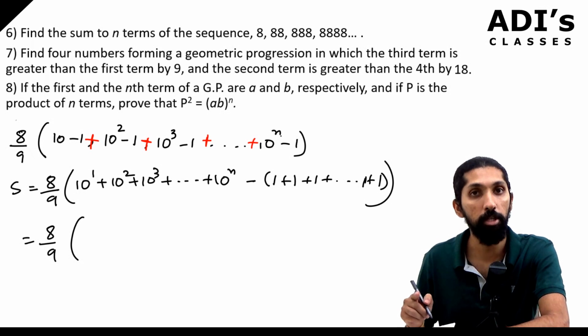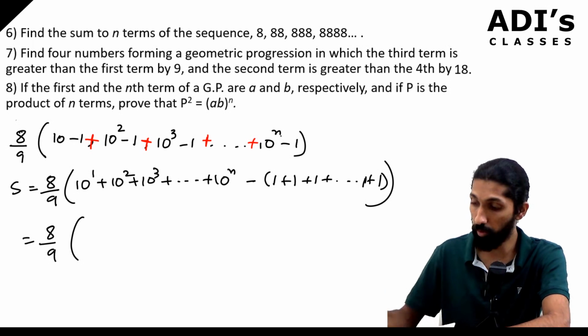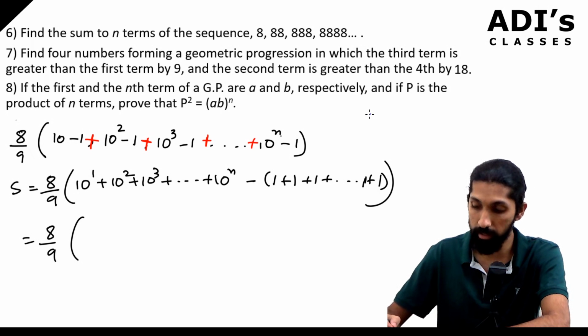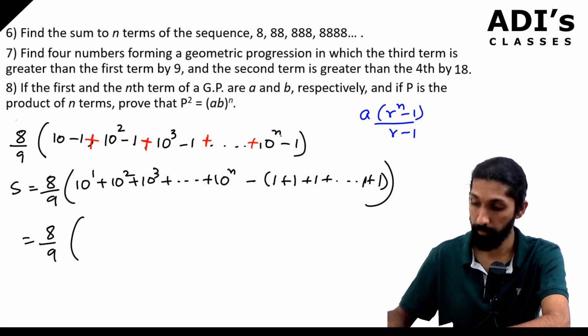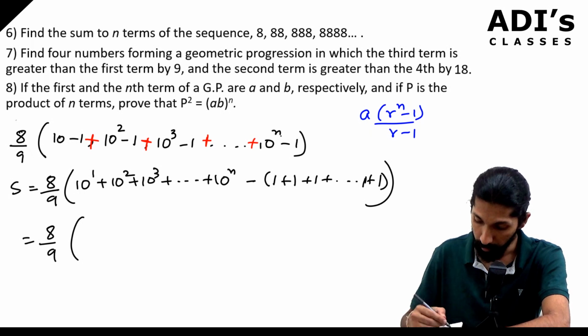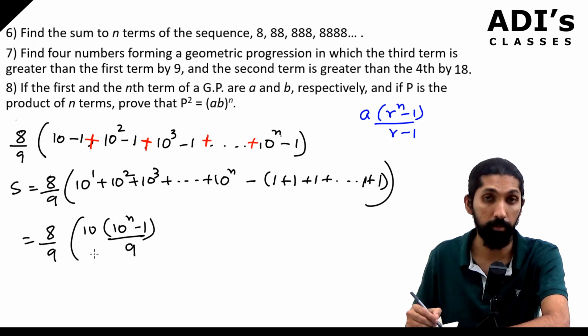And since common ratio is 10, R is greater than 1. So you can use the formula Sn is equal to A into R power n minus 1 divided by R minus 1. So if you substitute, you're going to get 10 into 10 to the power of n minus 1 divided by 9, which is 10 minus 1.